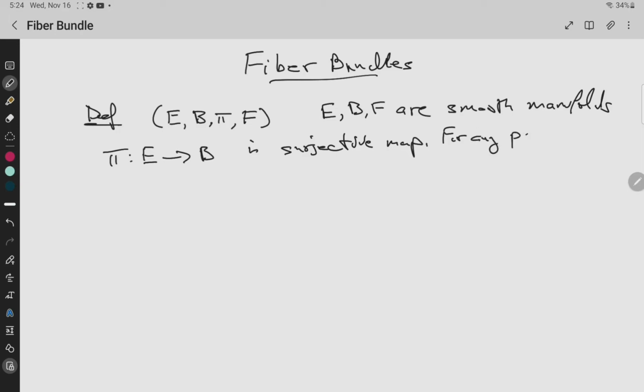Okay, now for any p, pick any point on the base manifold B. There should be some open set U, or some neighborhood, containing p. Let's call it U, and U is of course a subset of the base manifold, so it's itself a manifold.